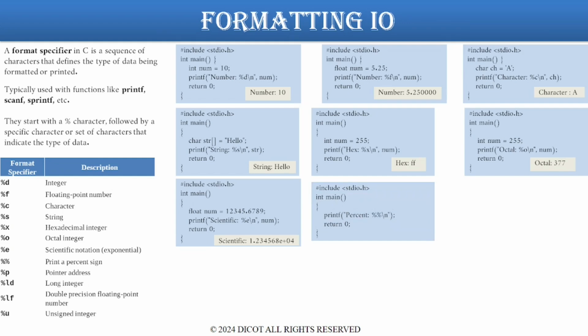And we are using %ld to display long. Next, num has been declared as a double with value 5.25 and we are using %lf. Here num has been declared as an unsigned integer and we are using %u to display it.